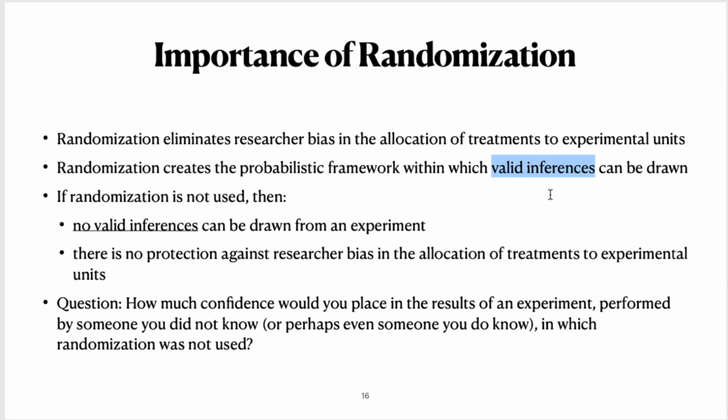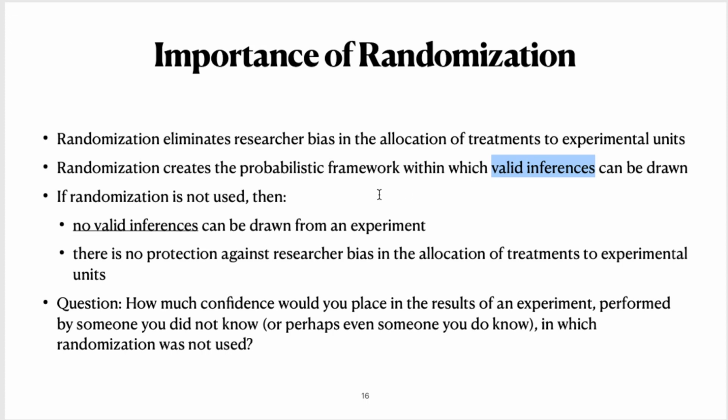That process is called induction, or in statistics we call it statistical inference, but more generally in logic it's called induction. And we want that process to be valid, right? And so randomization is required in order for our statistical analyses to provide valid inferences.